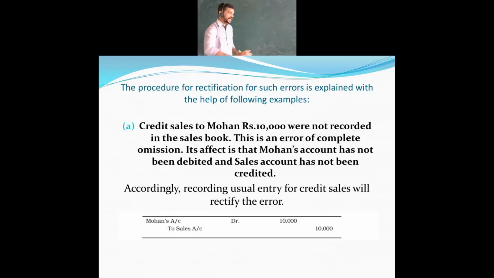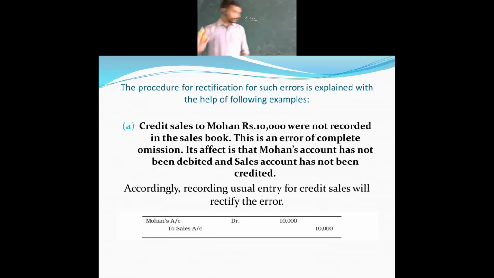It affects the accounts in that Mohan's account has not been debited and the sales account has not been credited. Here it is totally a complete omission error, meaning the total amount of rupees 10,000 is not recorded.